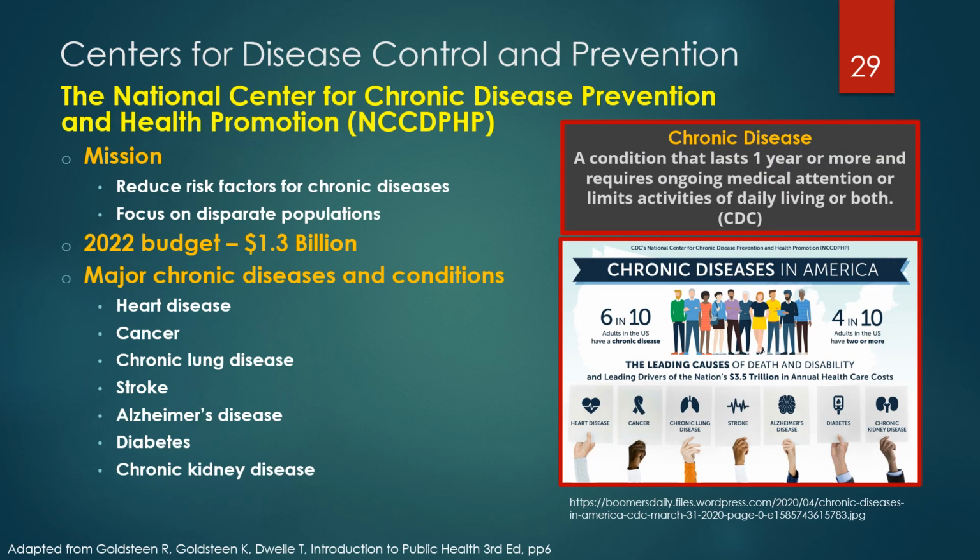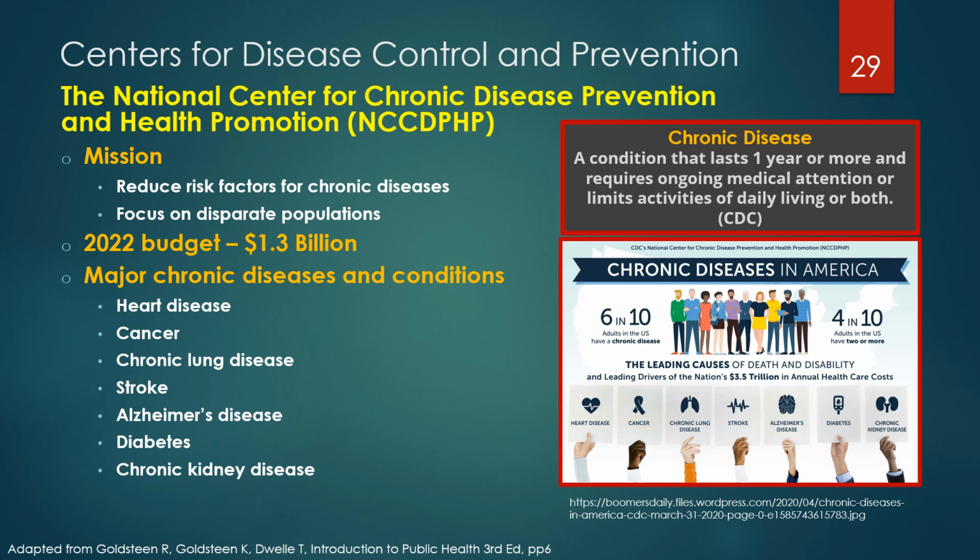Let's discuss chronic disease for a few minutes. A chronic disease is defined by the CDC as a condition that lasts 1 year or more and requires ongoing medical attention or limits activities of daily living or both.